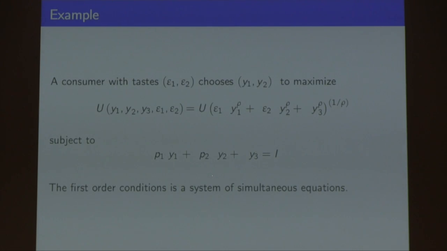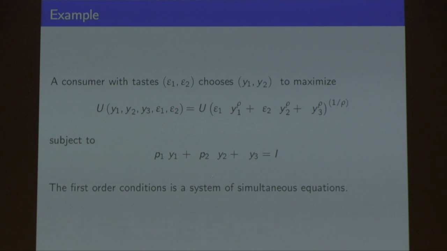Okay, so just to give you an example, consider a consumer that has taste epsilon 1. A consumer has a budget, an income I, some amount of money, and has to choose how to divide this budget between how much to spend on food, how much to spend on services, and everything else. So Y3 is everything else, Y1 is food, and Y2 is services.